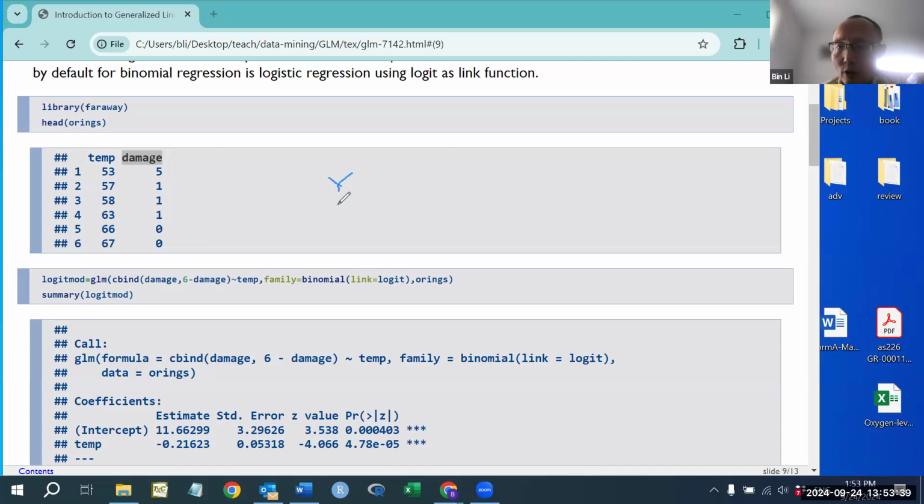Each Bernoulli trial has 2 possible outcomes, either 0 or 1. You can define what is 0, what is 1, and the probability of being 1, let's say, is p.